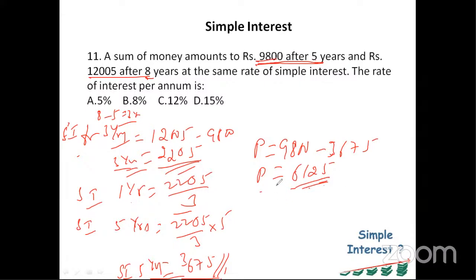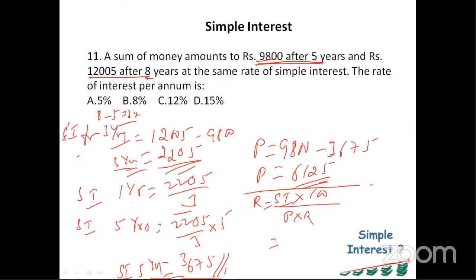Now we have to calculate the rate of interest. So what will we use? We will use the same simple interest formula. So rate of interest is equal to simple interest into 100 divided by P into T. What is the simple interest?